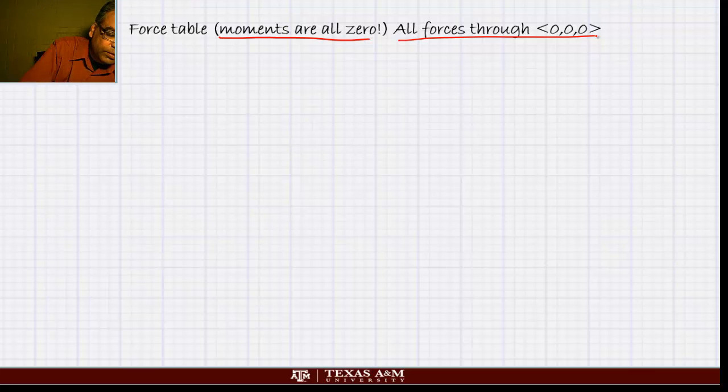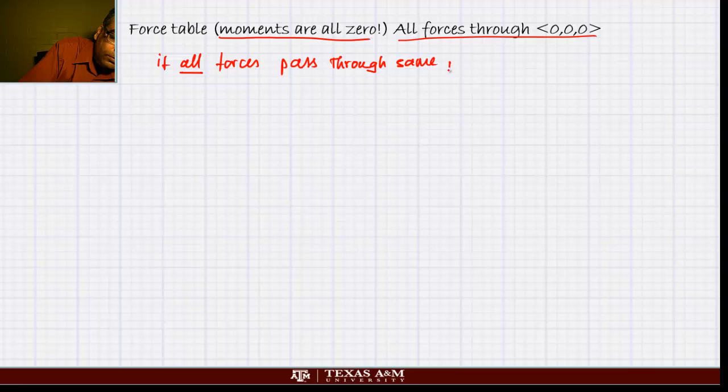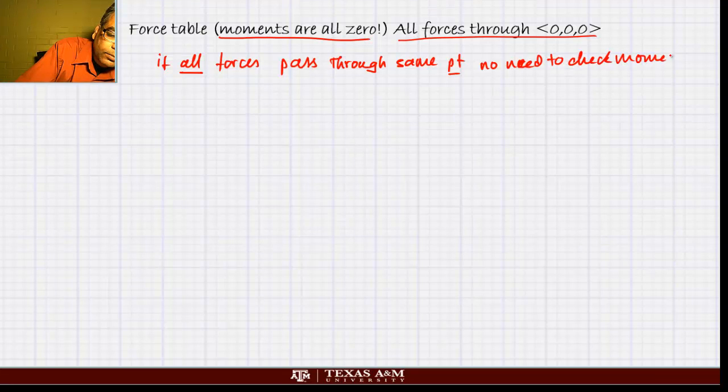If all the forces pass through the same point, no need to check moments. So I don't even have to list all the positions because all the positions are known. I'm just going to list the forces again.